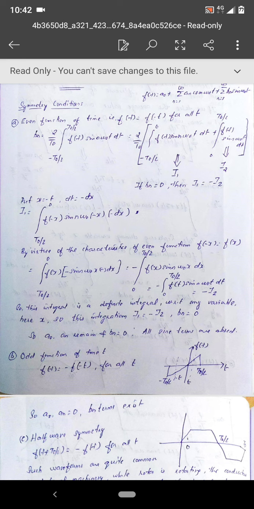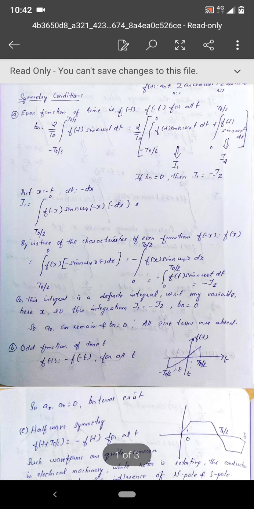Initially my integration was from minus T0 by 2 to 0. When t is equal to minus T0 by 2, with x equal to minus t, my x will be T0 by 2. So instead of minus T0 by 2, we have T0 by 2. 0 will remain as 0.